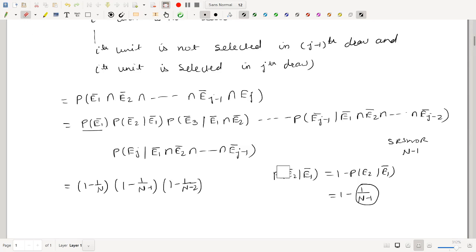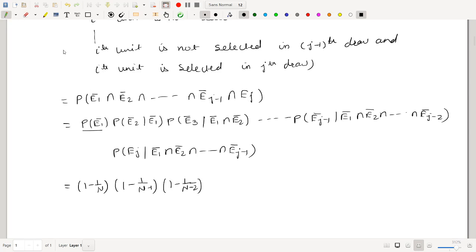Like that, generalize this for this event to find this probability. So this will be 1 minus 1 upon n minus j minus 2. And here this thing is given. This means ith unit is not selected up to j minus 1th draw.